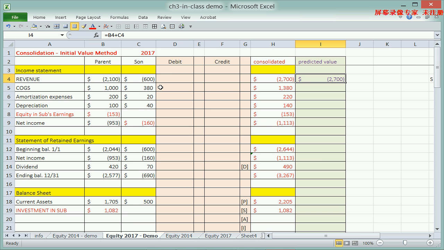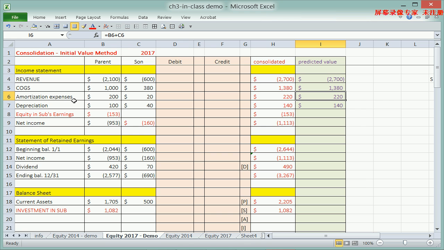In chapter 2, at the date of acquisition, anything earned by the subsidiary is before the acquisition. So we do not include that in the consolidated financial statements. But after the acquisition date, anything earned by the sub should be accounted as part of the performance of the whole entity. The same thing happens to cost of goods sold. Let me just add everything up.